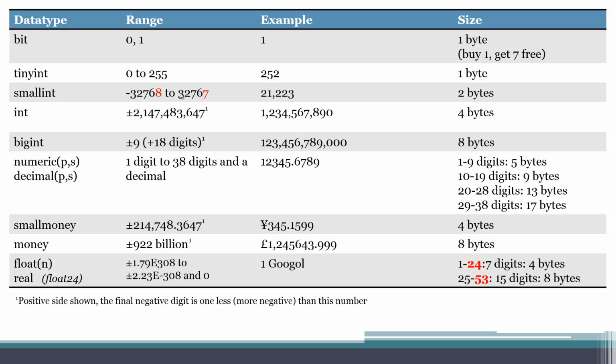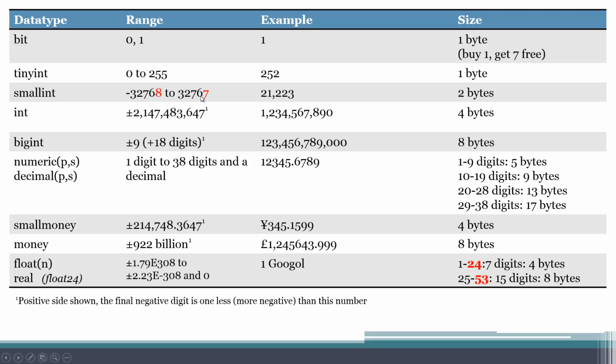The last digit in the number on the positive side, in this case the 7, is one smaller than the last digit on the negative side, which in this case is an 8. And I've noted that there are several data types that do that, and for the other ones I've only shown the positive side. We'll come back to that. But I wanted to point out that it's very close to the same, but not exactly, on the positive and negative side.